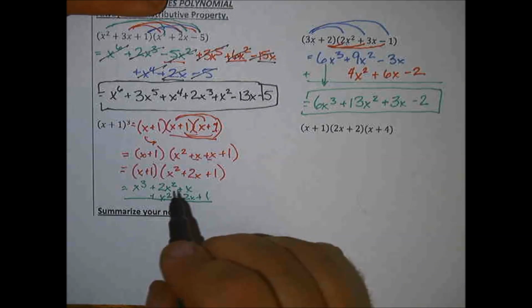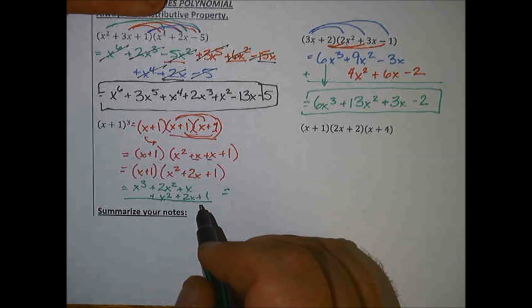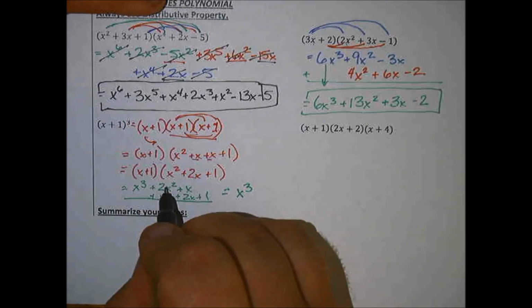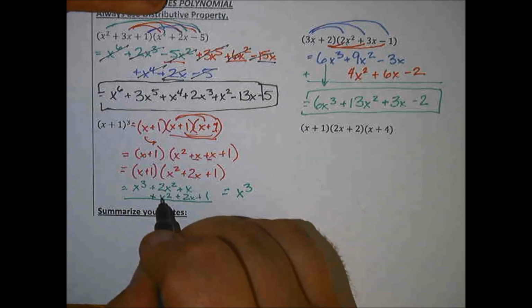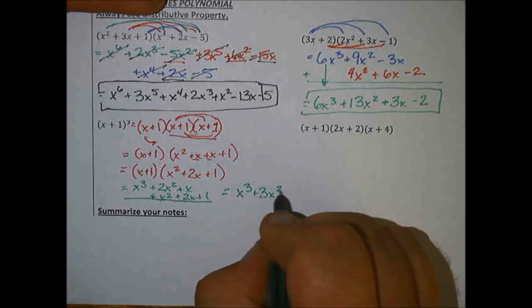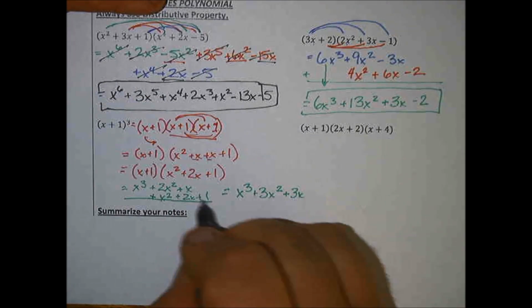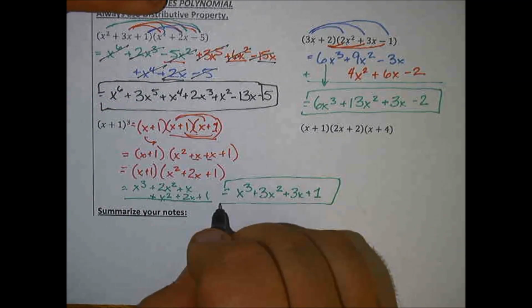Now I'm going to be able to just add these straight down, but I'm going to go ahead and write it over here, just so that I know I have room. So we have x cubed. We have 2x squared and x squared, so that's plus 3x squared. X and 2x is plus 3x, and then plus 1 added onto the end.